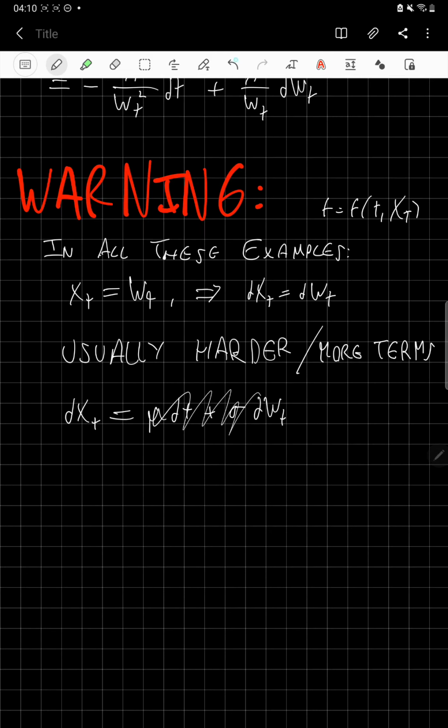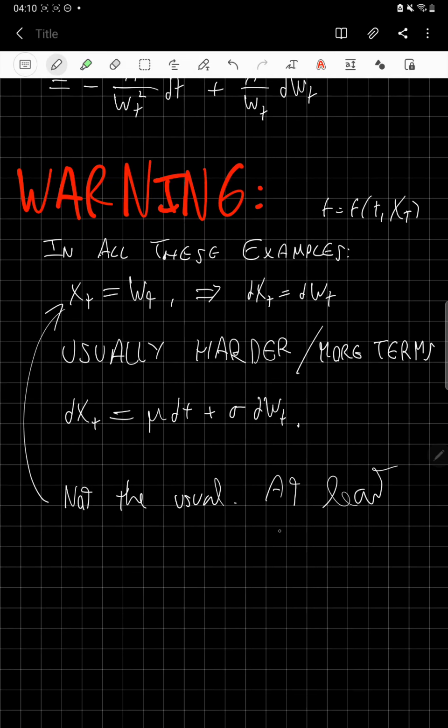You don't have this extra annoying dt term, you don't have this mu term, you don't have this sigma term. That's all really simple. So careful, this can be not the usual. Well, it's arguable, but at least harder. At least it's easier. Okay. Anyway, that's it. I'm going to stop here.